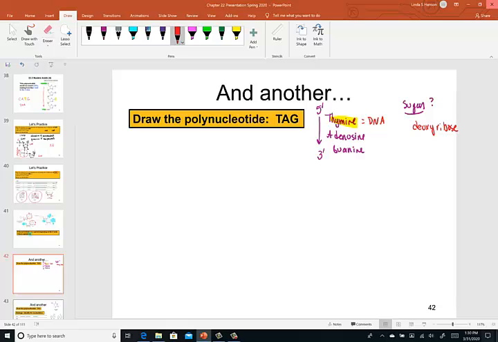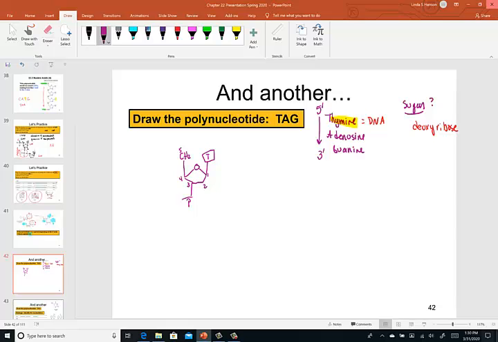Now, what I'm about to do is just a rough draft. This is how I get started. The first thing I do is simply begin drawing my sugar as a 5-membered ring, and then I know that the 5th carbon comes up, that's CH2. And I know that the anomeric carbon holds the base. For now, I'm going to abbreviate the base with its letter T. Down here at the 3rd carbon, 1, 2, 3, 4, 5, at carbon 3, I know that that's going to be the phosphate linkage.